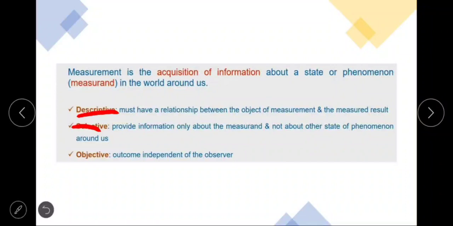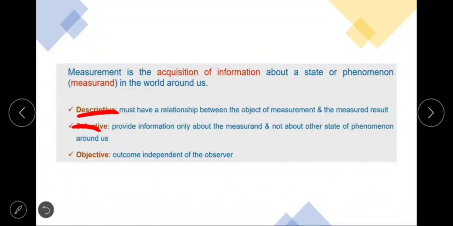Just like for wind speed measurement we are using some kind of anemometer, it should not get affected by the pressure, temperature and all the other various factors outside in the world. So it should not get affected by all those other parameters, as they are like noise to it.